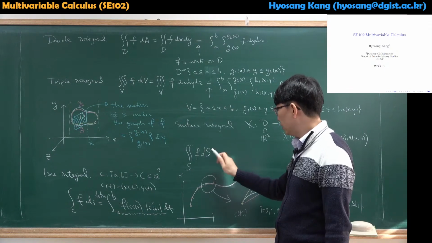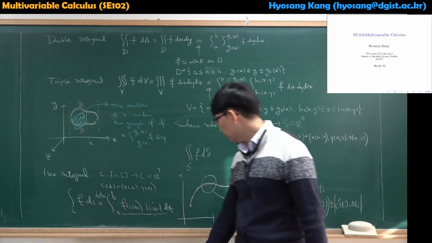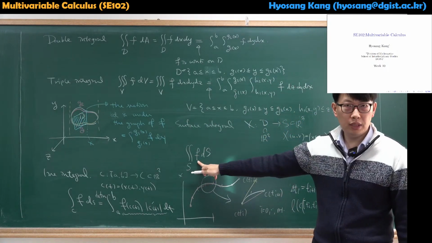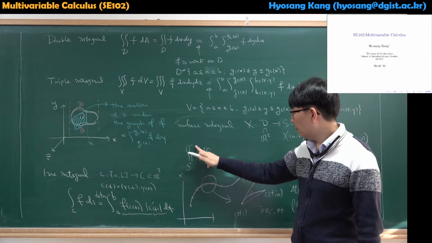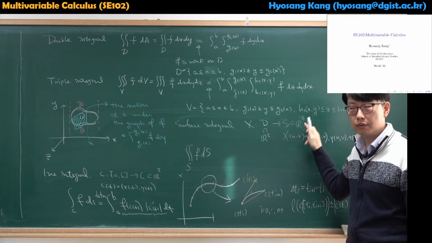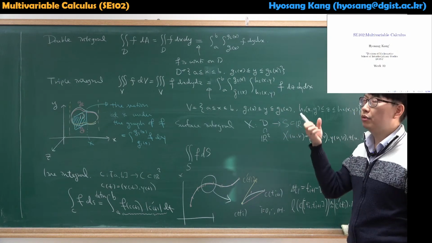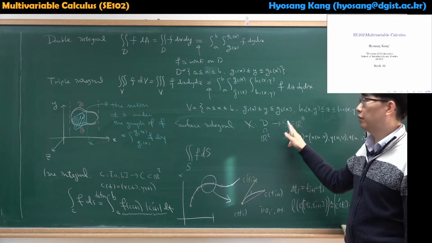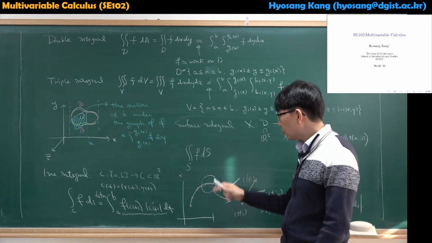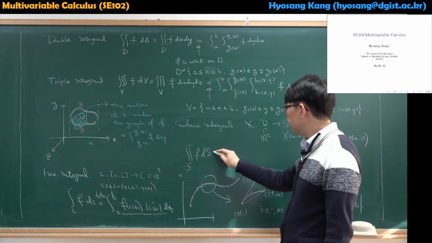The S here is a capital S instead of a small s in the line integral. And also this function is a three-variable function, because we need to define a function over the surface S, which lies in three-dimensional space. In principle, having a two-variable function defined on three-dimensional space is impossible. So this function is a three-variable function.